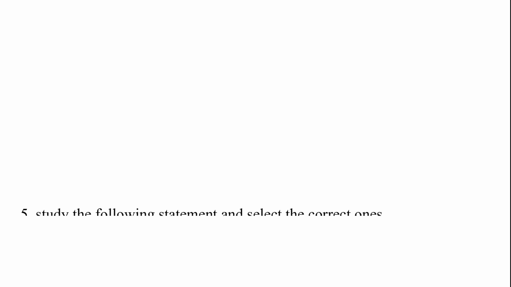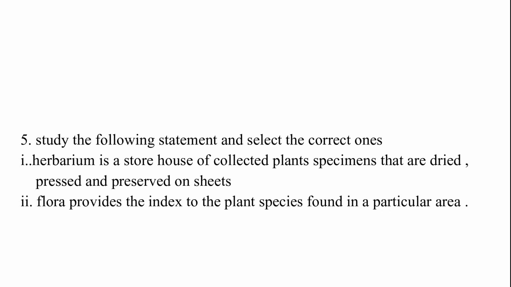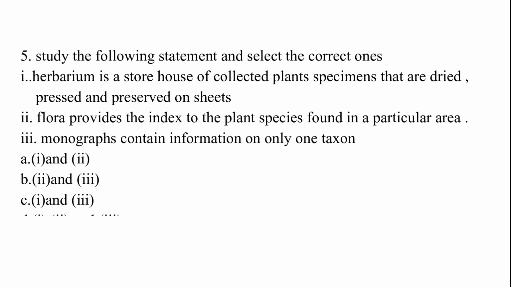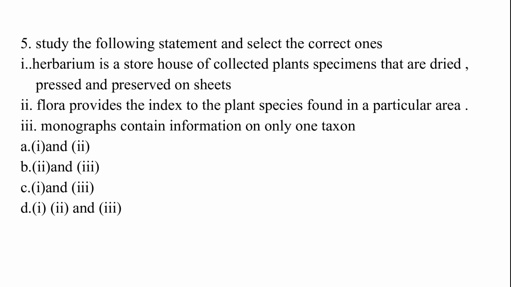Study the following statements and select the correct ones. I. Herbarium is a storehouse of collected plant specimens that are dried, pressed and preserved on sheets. II. Flora provides the index to the plant species found in a particular area.